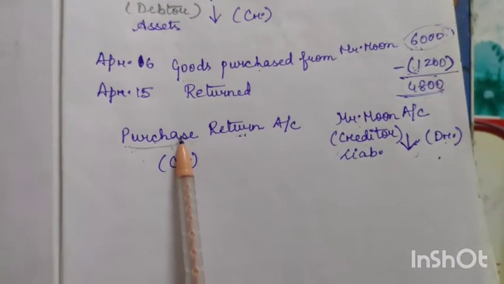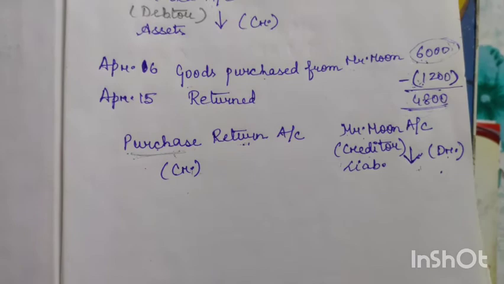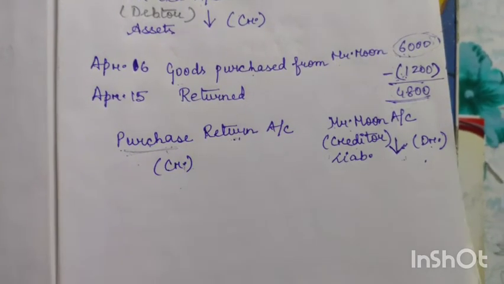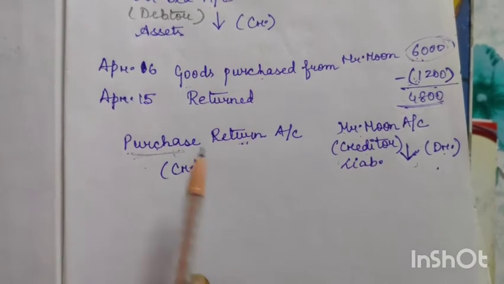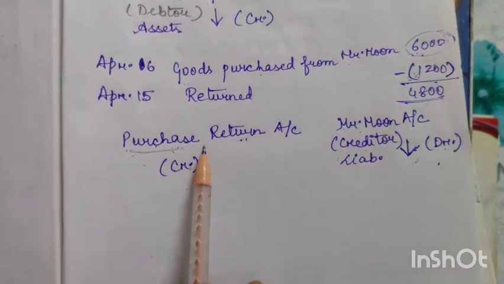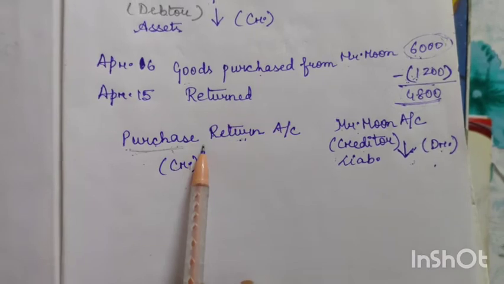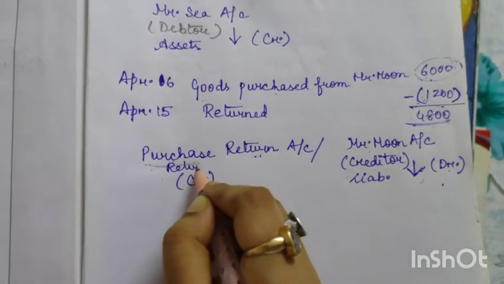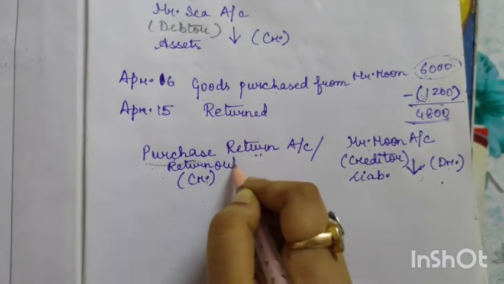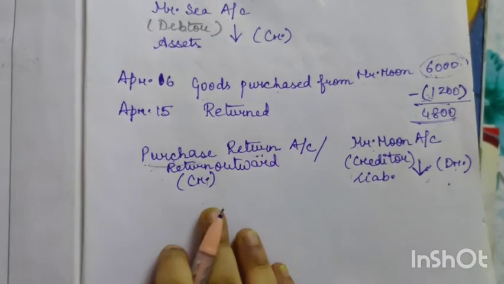One is purchase return account. Purchase return, because we have purchased the goods and then we have returned the goods to the supplier. So for this reason, whenever there is a return on purchase, we need to open purchase return account. Okay. And purchase return is also called return outward. Return outward. Okay.